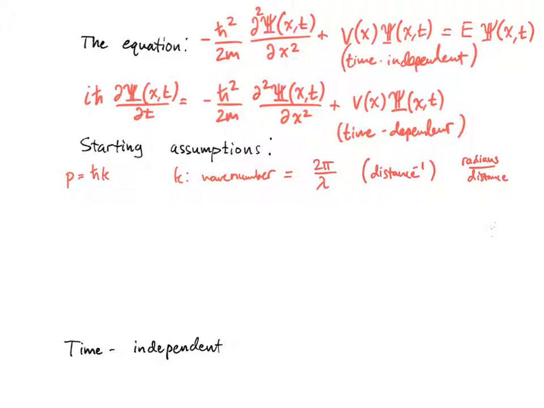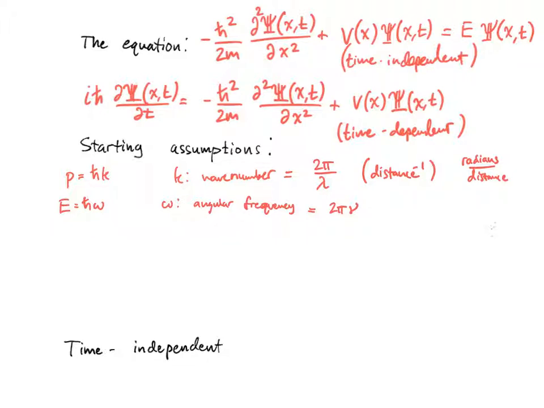All right. Then similarly, we're going to use the expression energy is equal to h bar times omega, where omega is called the angular frequency, and that equals 2 pi times nu.